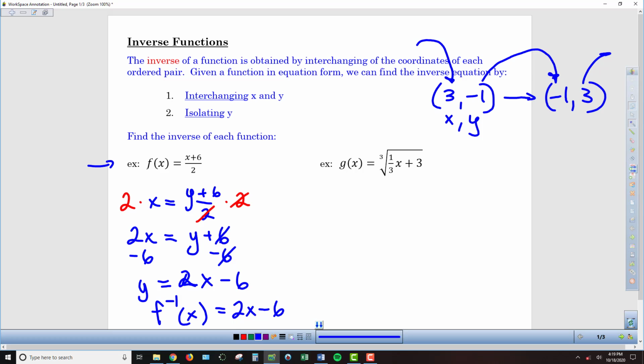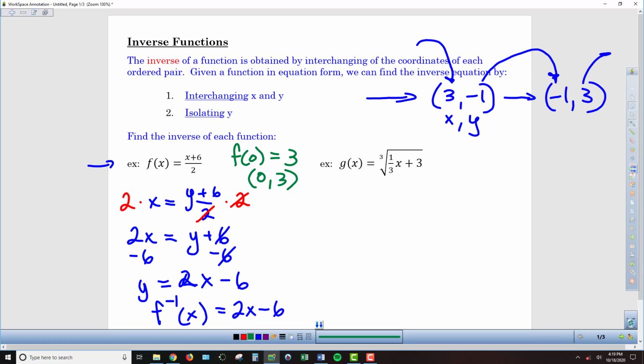And we can verify for ourselves that that is indeed the inverse, because like I said over here, whatever works as an xy ordered pair in my original function, if I take that output, that y coordinate, and plug it into the inverse, I'll get my original x value. So let's say I plugged in 0 into my original function. f of 0: 0 plus 6 is 6, 6 divided by 2 is 3, so I get the ordered pair (0, 3).